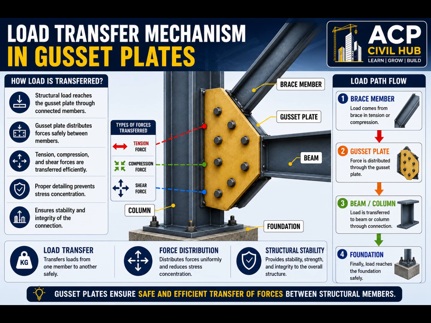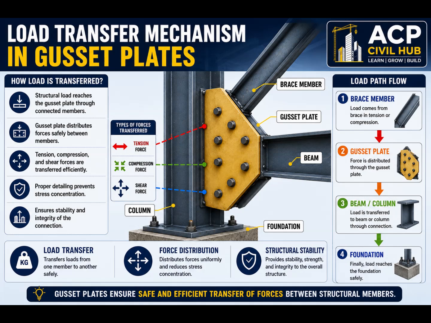Now let's understand how load transfer occurs through a gusset plate. The load path starts from the brace member. When external forces act on the structure, the brace member experiences tension or compression forces. These forces are transferred into the gusset plate through bolts or welds. The gusset plate then distributes these forces safely and efficiently.